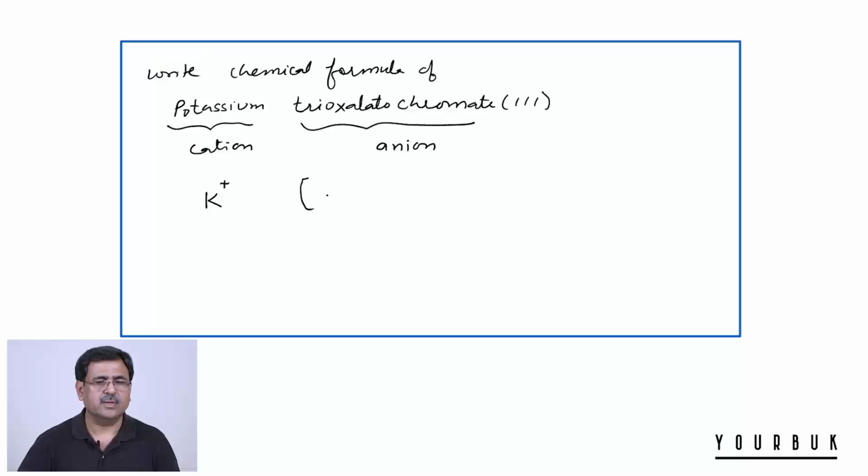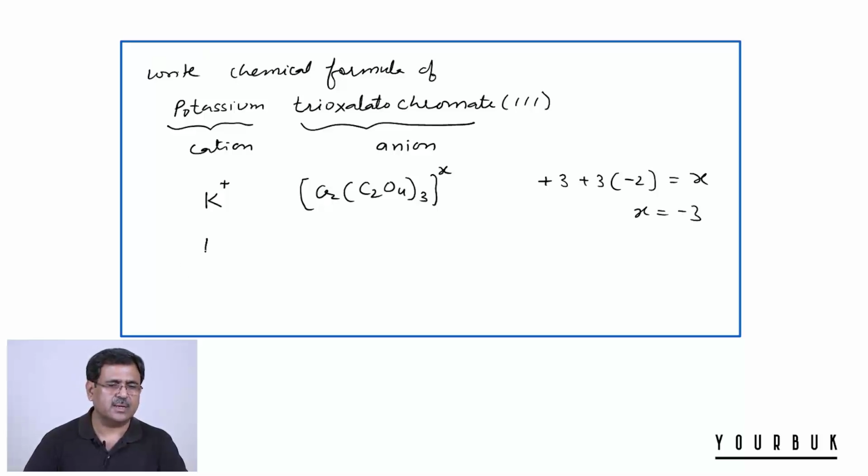Now trioxalato chromate. So we write chromium, oxalato is C2O4, there are 3 oxalato, and suppose the charge on the complex anion is X. So our aim is to find the X first. Now chromium is in the +3, oxalate is -2, so 3 into -2 is equal to X. So X is equal to -3, it means this anion is carrying a charge of 3 negative.